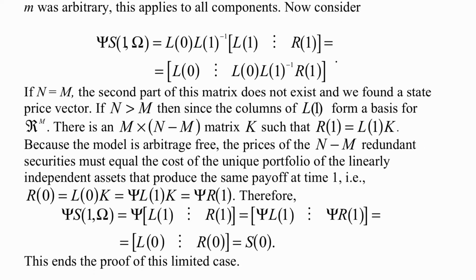So R0 must be L0 times K, or psi L1 K, or psi R1. Therefore, psi S1(omega) is psi L1 times L1 followed by R1, and that's psi L1 followed by psi R1, and that's L0, R0, so it's S0, and so this ends the proof.